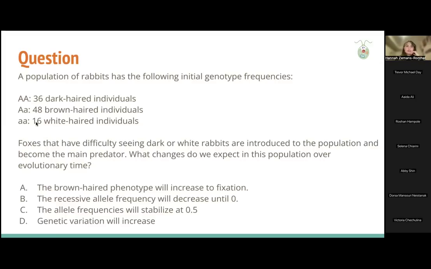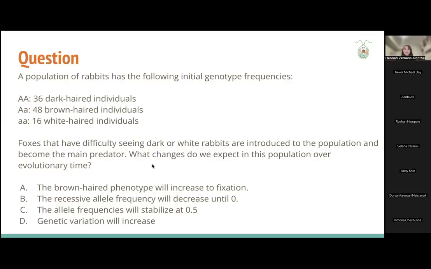But for me, I could just see there's 16 homozygote recessive and there's 36 homozygote dominant. So the recessive allele is rare. Because we're under a state of homozygote advantage, that's going to cause the rare allele, or the recessive allele, to decrease to zero.